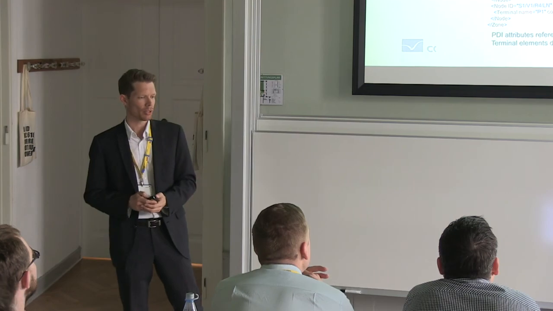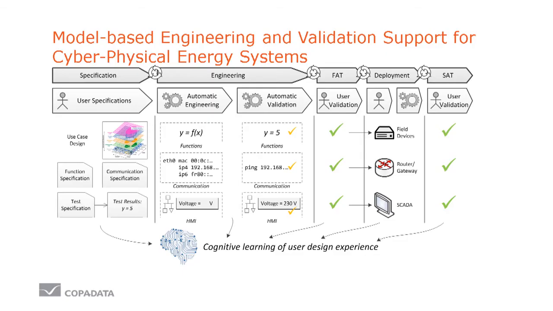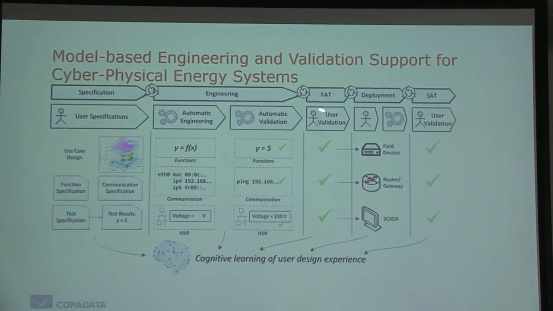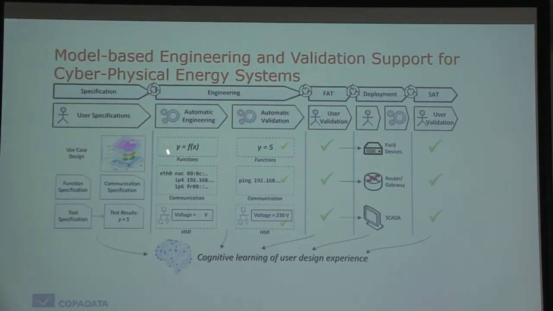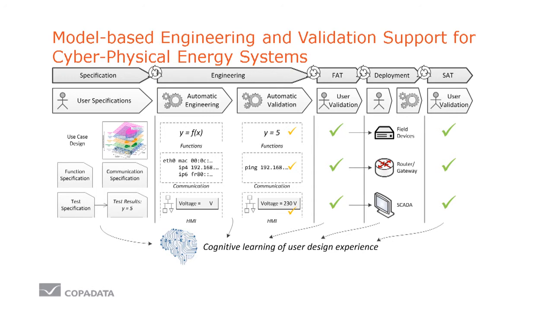And research is going on here. We are currently working on a proposal for a funded research project which deals with automated engineering. So this is specification engineering, what we saw before, and automated engineering, but it also considers the validation of what is automatically engineered.